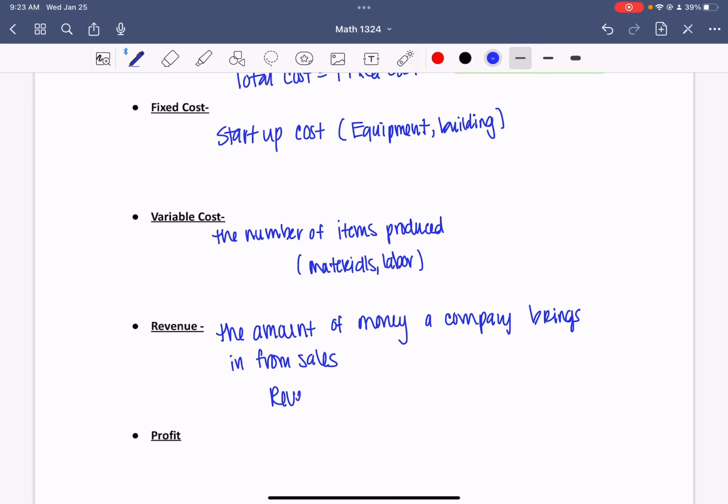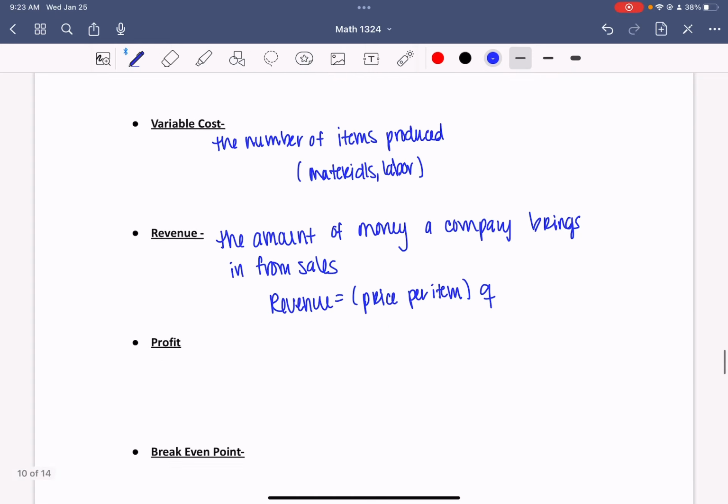When we're thinking about maybe an equation for revenue, we would take our price per item, so how much we're selling that cup for, and multiply it by Q. Again, Q is your quantity that we referenced up there with total cost. So revenue is how much money you're bringing in. If we have these cups and we're selling them for $40, you would take the 40 times how many you sell, and that's your revenue. It's the amount of money coming in.